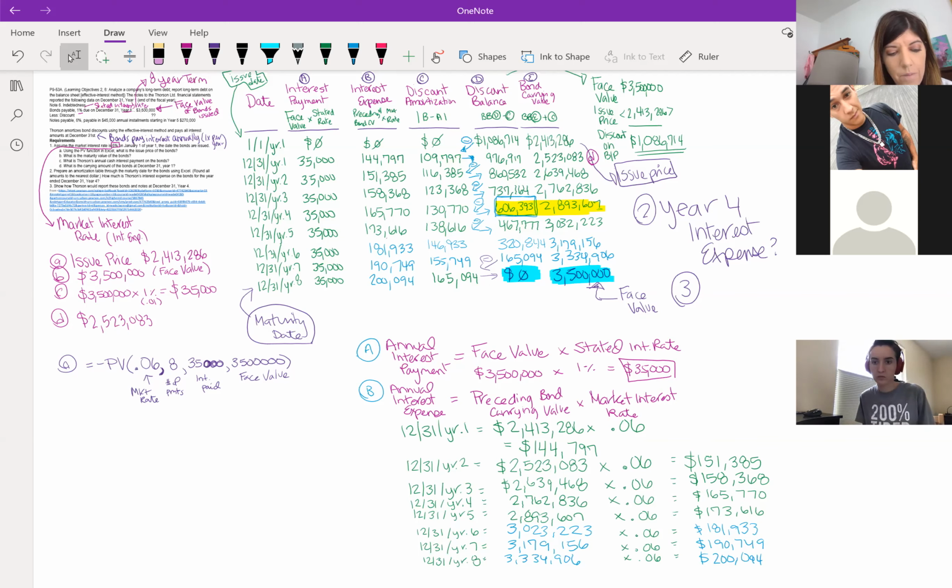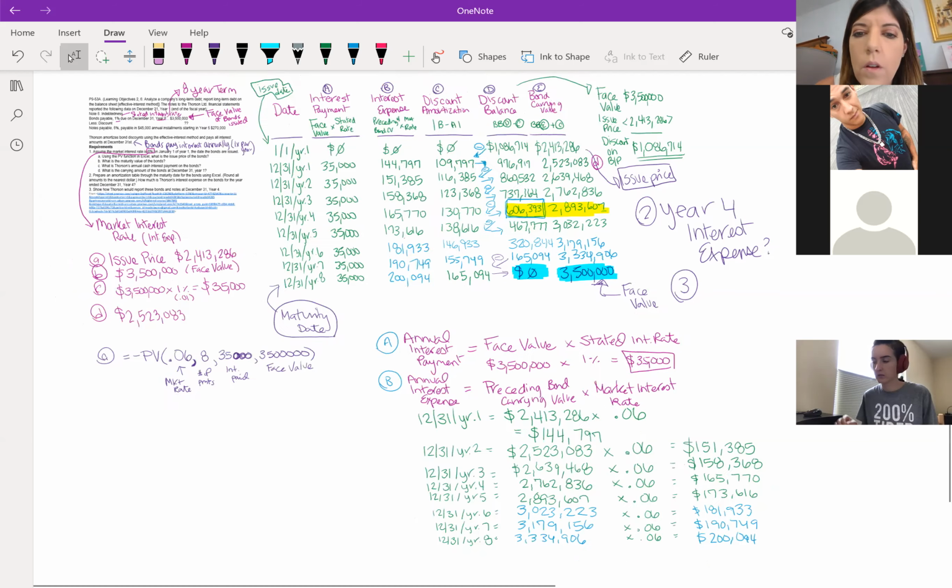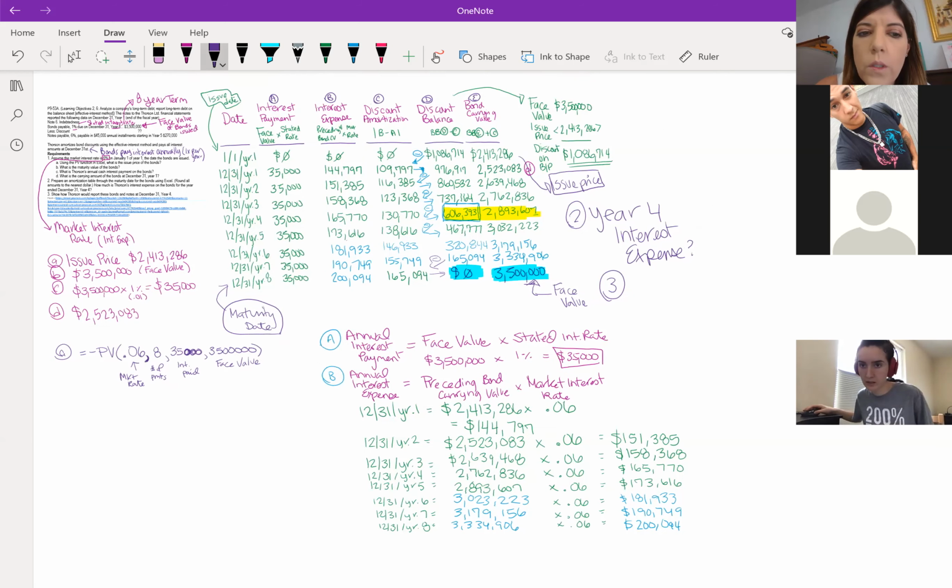And there is an error. What's the interest expense that we're going to show in year 4? $165,770.